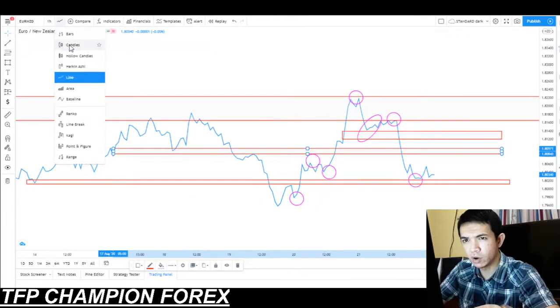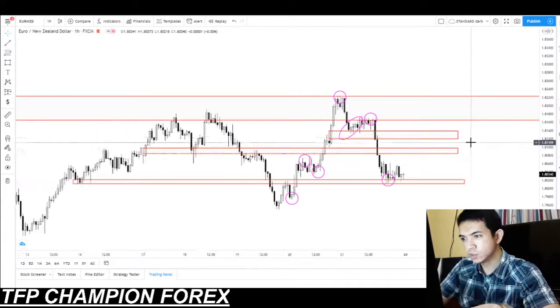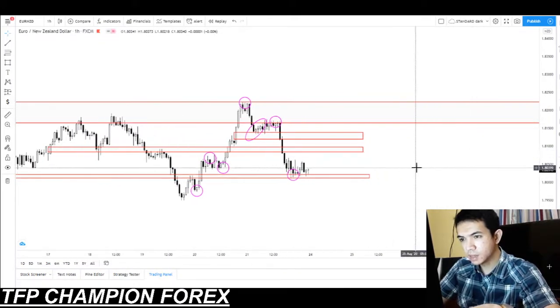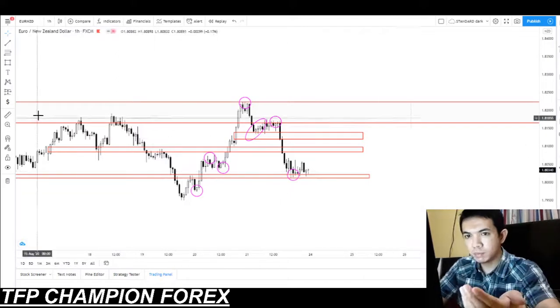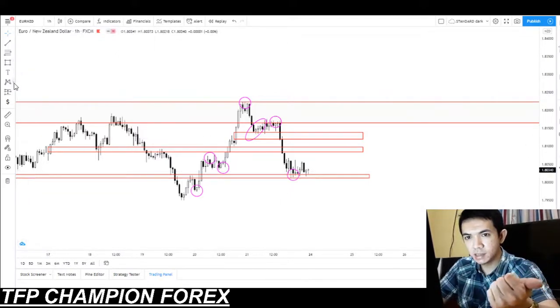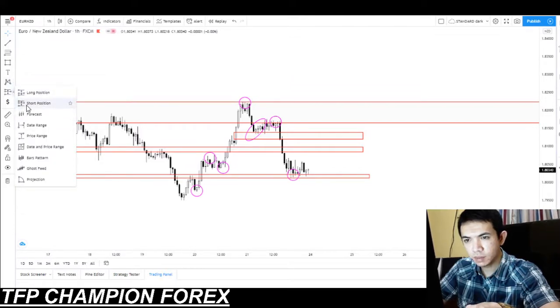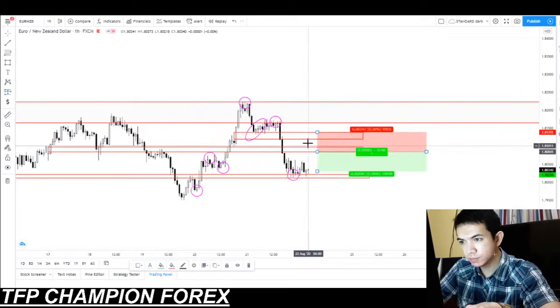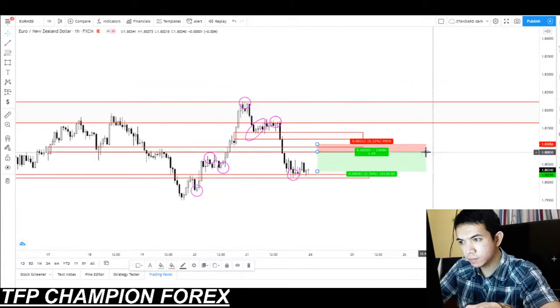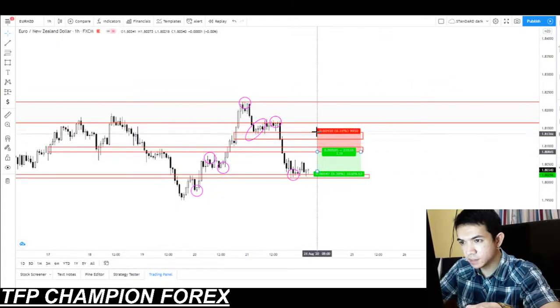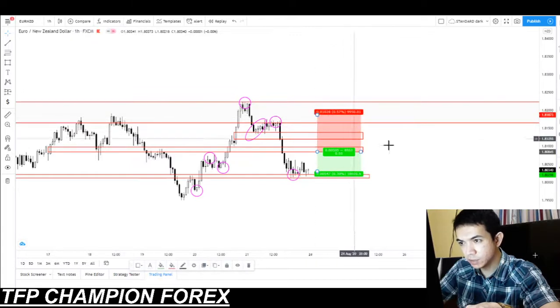So going back to our candlestick chart, if I'm going to place a trade, I will be placing a sell limit, a short position here, or I can extend my stop loss here.